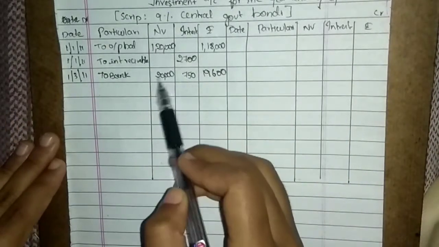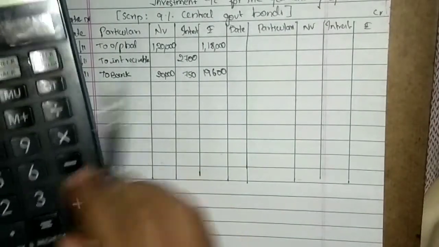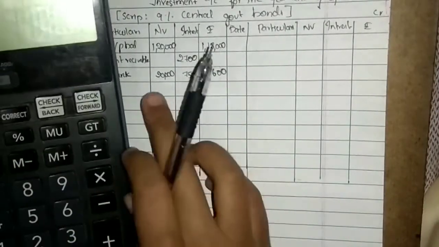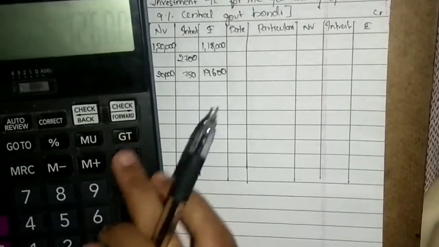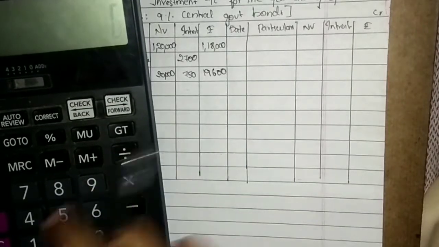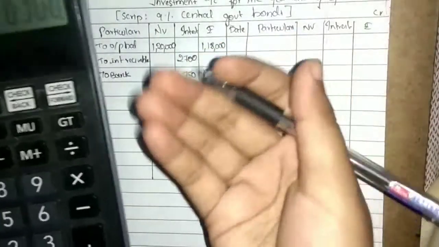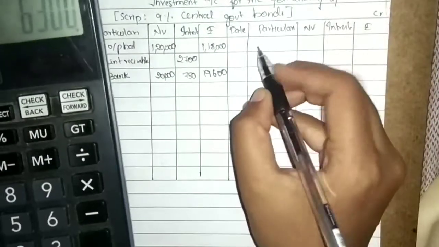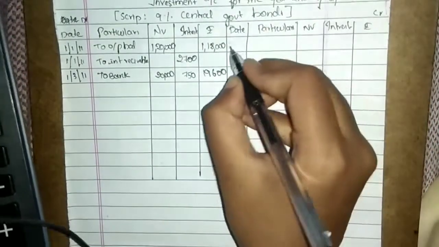So total of the nominal value is 1,20,000 plus 20,000 will be 1,40,000. So in 1,40,000 into 9% interest. So this 9% interest is for the whole year into 6/12. Okay, how much do you get? 6,300. Always you are receiving the interest, so you are crediting this. Always interest received should be credited.